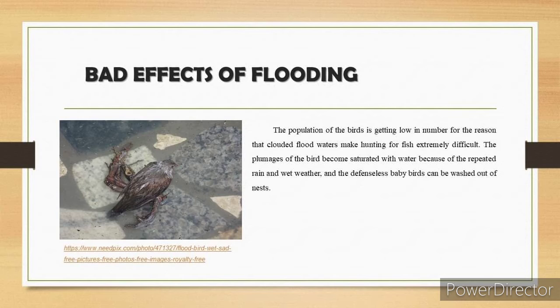Yung pamumuhay nila, yung pagkain nila, nababawasan. Kasi yung flood, hindi naman siya malinaw, clear water, kundi marumi siya, parang malabo dahil sa mga putik na kasama dun sa flood. Then yung mga baby birds, dahil yung mainakay, hindi sila nakakalipad. So, pag nahulog sila sa nest nila, tangay sila ng flood.